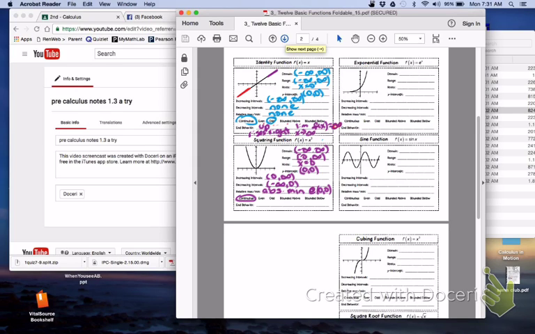It is continuous. I could draw it without picking my pencil up. It is an even function. If I put negative x in, I get exactly what I started with. It is not bounded above, but it is bounded below. Sorry, I should say looking at the x-axis, it doesn't go below the x-axis.